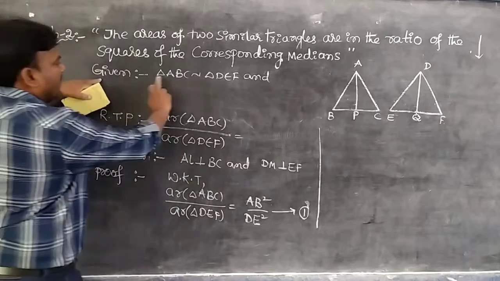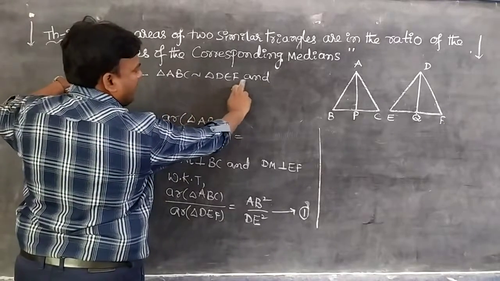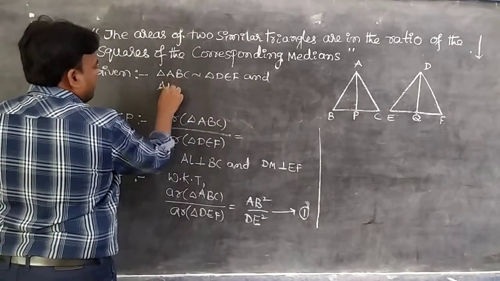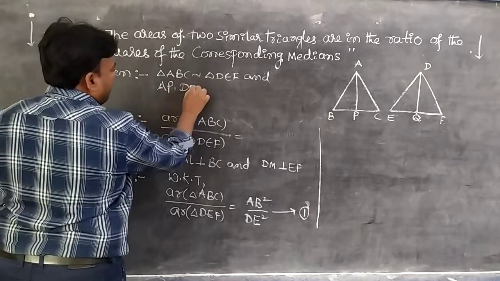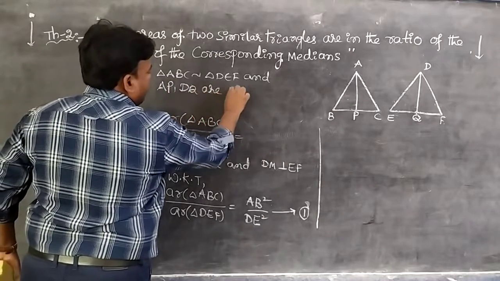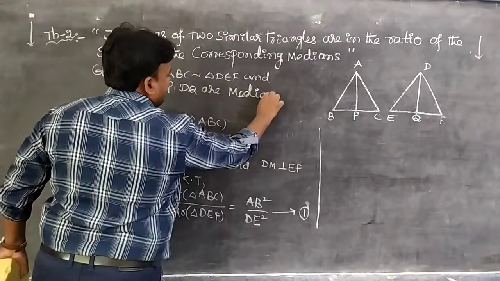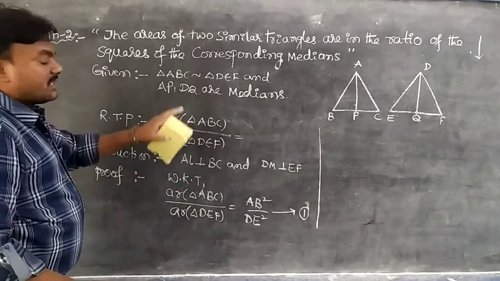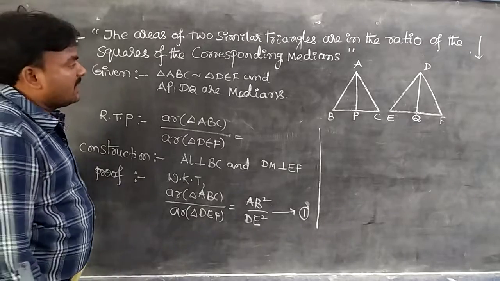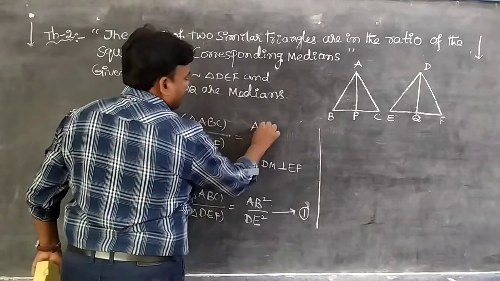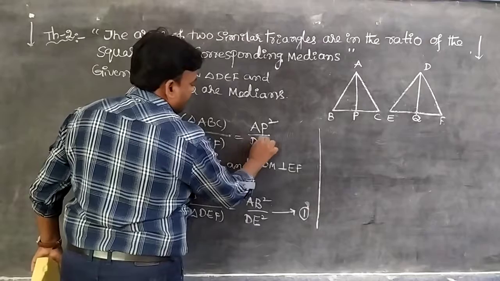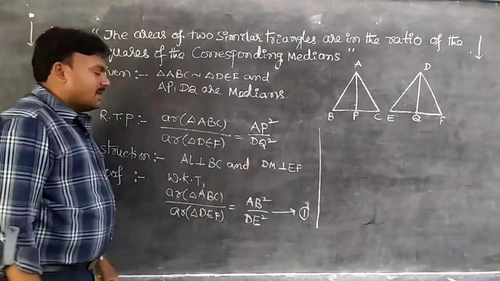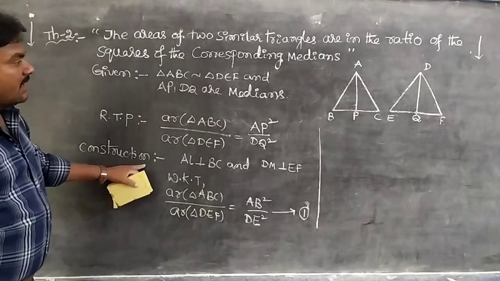Coming to the given part: triangle ABC is similar to triangle DEF and AP, DQ are medians. Okay, students. And coming to RTP: area of triangle ABC by area of triangle DEF equals AP square by DQ square. We prove this by using a construction.